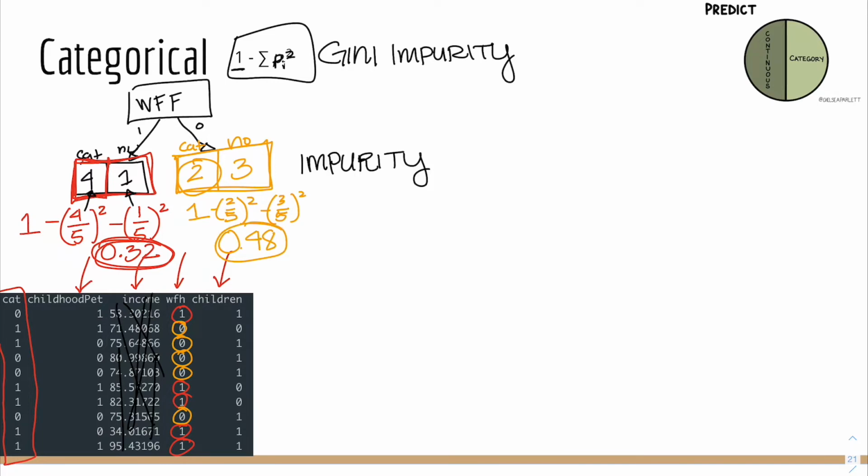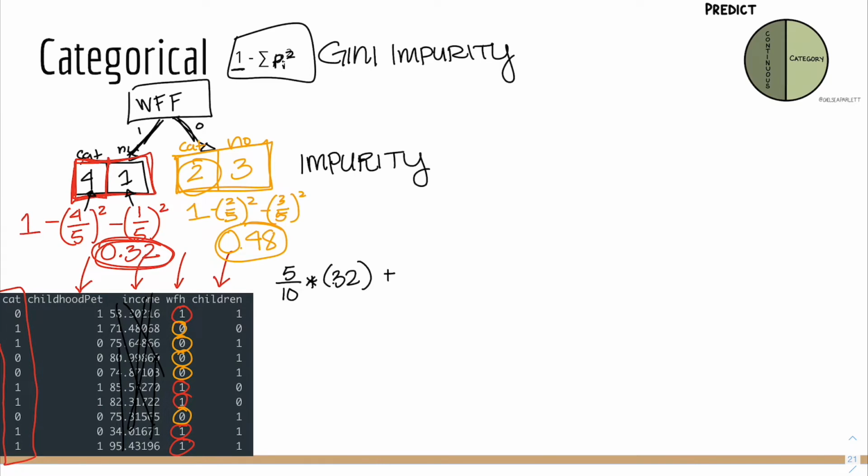Now, we are going to take these and average them together, because what we want to know is, for the split we just made up here, what is the impurity of that? So we're going to take a weighted average of these two scores, 0.32 and 0.48. We're going to say how many of our data points are in the left-hand node. Well, it's 5 out of a possible 10 times the impurity for that node, which here is 0.32.